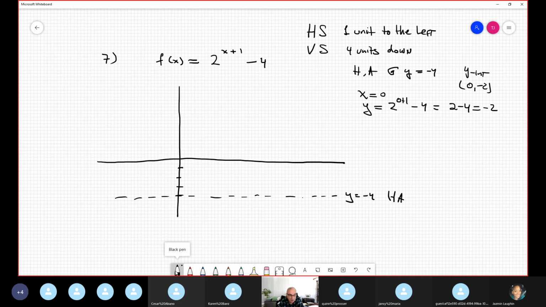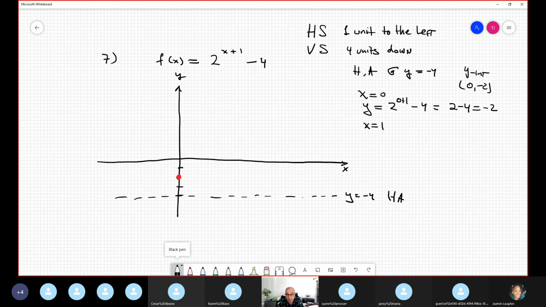I plot that. -4, -3, -2 here. There you go. We have the first point, which is the y-intercept. It's the point where our function crosses the y-axis. One more piece of information. Suppose x equals 1.